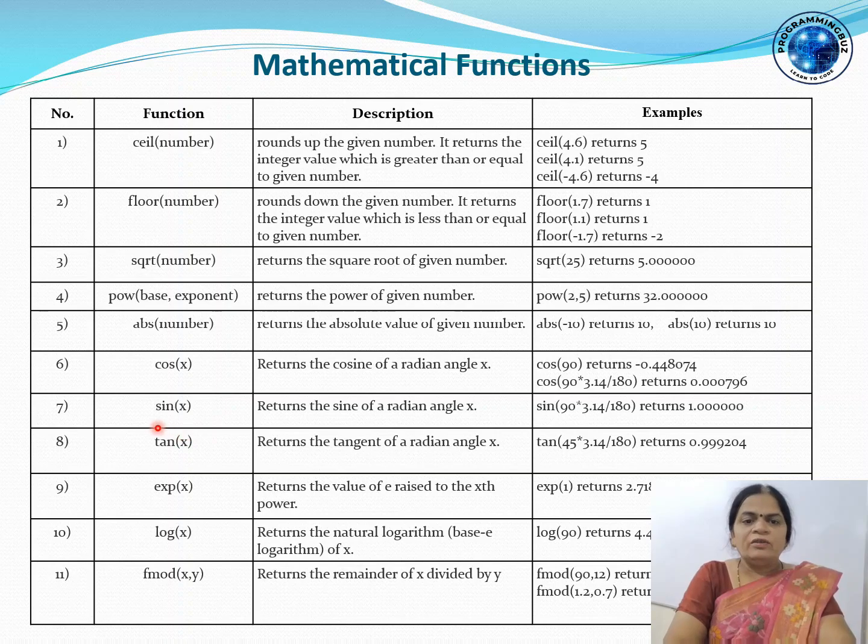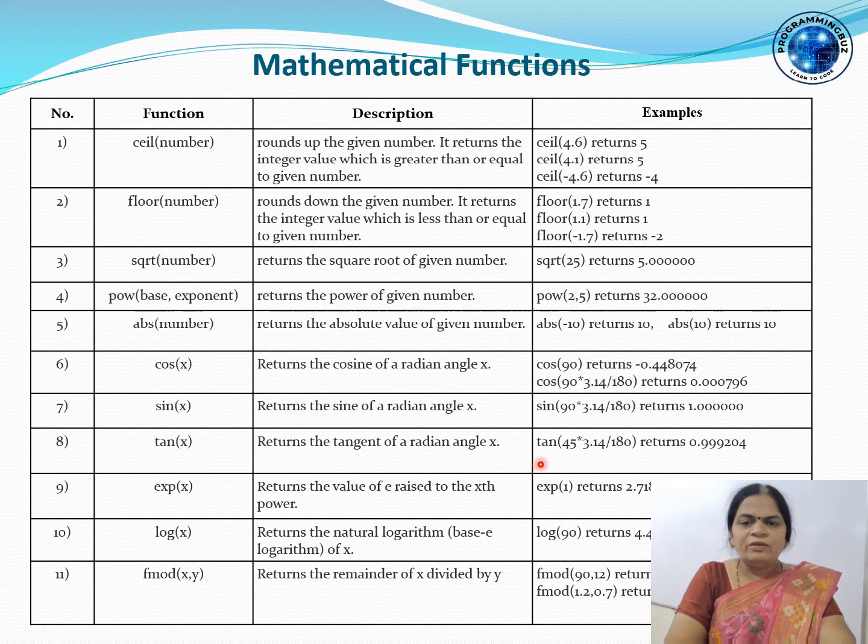Similarly, if you want to calculate the sine of a degree, then you have to use the sine function. And here also the angle must be in radians. That means if you want to calculate sine of 90, you have to write sine of 90 multiplied by pi by 180, which will be equal to 1.0000.